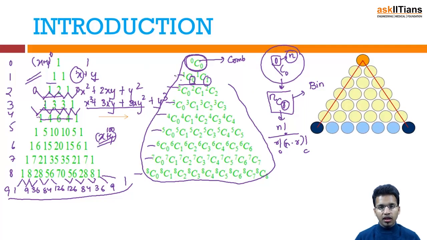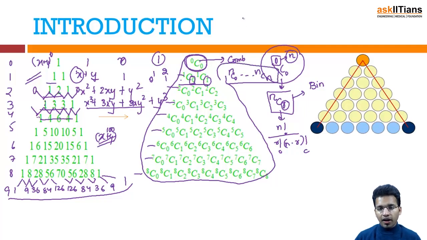That is key to note, because for power 0 we had one term, for 1 we had 2 terms, so we start by giving the first term number 0, the next 1. So it's easy to memorize that it will start from nC0 and go till nCn. These are the coefficients.